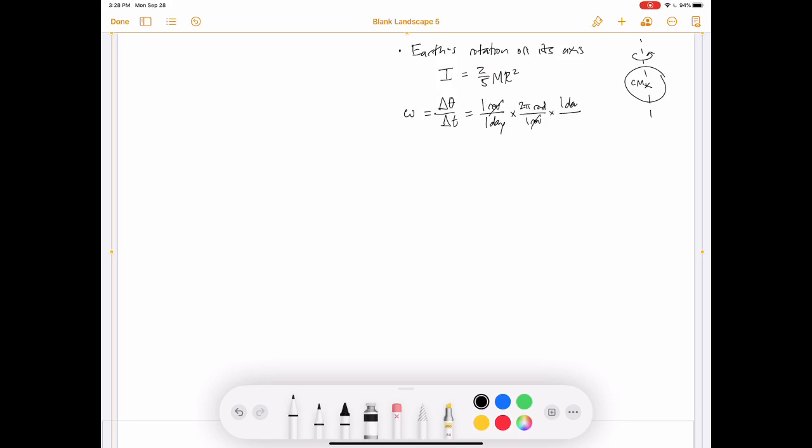And every 1 day, we have 24 hours. Cancel out days. And every 1 hour, we have 60 minutes. Cancel out hours. And then finally, in every 1 minute, we have 60 seconds. So cancel out minutes. Okay, numerically, this comes out to 7.272 times 10 to the minus 5. And the units we're left with are radians per second.